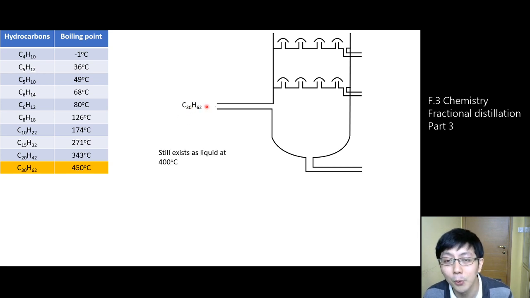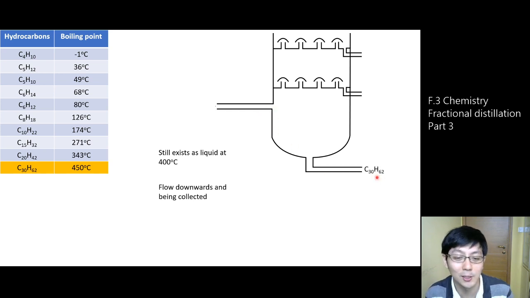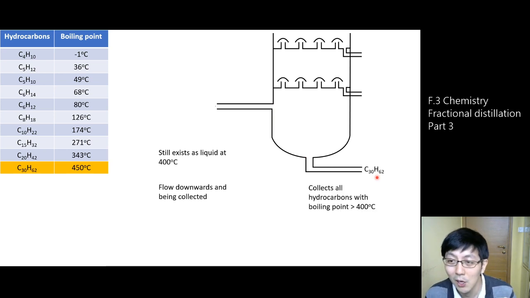So if you put this hydrocarbon inside, it will just flow downwards and be collected. 好似 liquid 向下流，佢一定會向下流。So it's being collected. Nothing special here. So for any hydrocarbons with boiling point higher than 400 degrees Celsius, as they still exist as liquid, they will flow downwards and be collected at the bottom part of the fractionating tower.